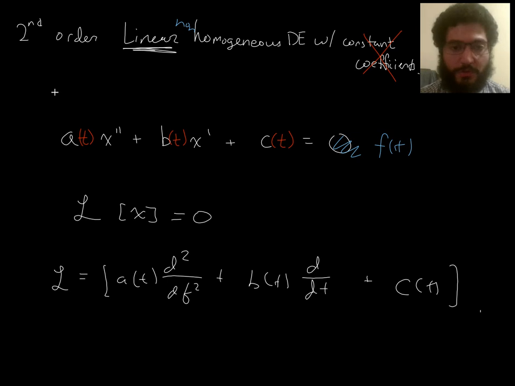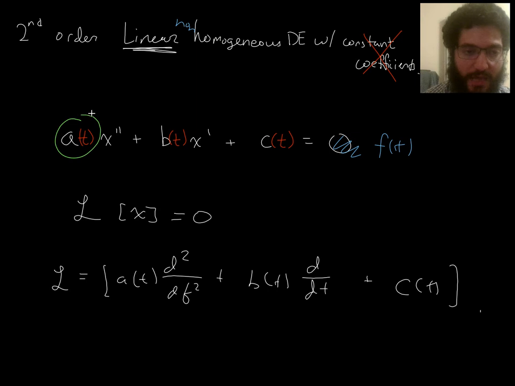Okay, so what I'm going to do for this lecture is look at one very specific version of what a of t, b of t, and c of t could be. Just like this whole time we've been looking at one very specific version, which is that they are constants. Now I'm going to look at another, non-constant but very specific version. I'm going to look at a of t being some constant multiple of t squared, b of t being some constant multiple of t, and c of t being some constant.